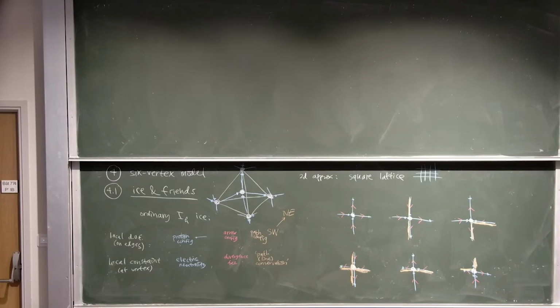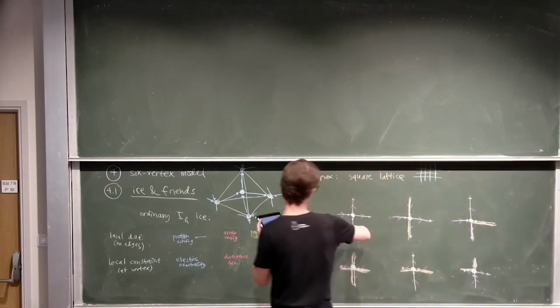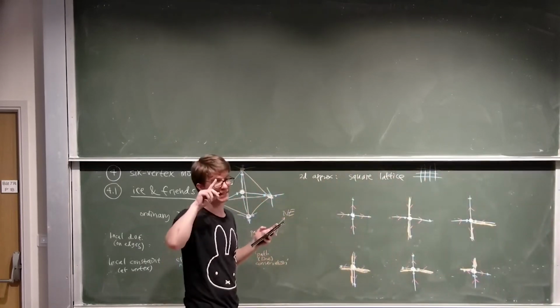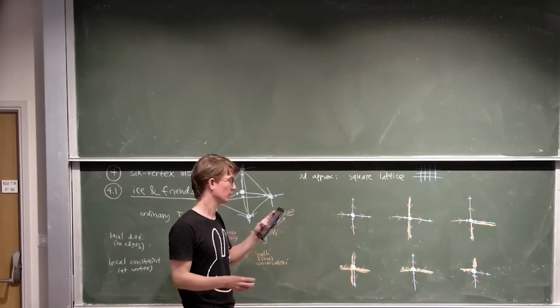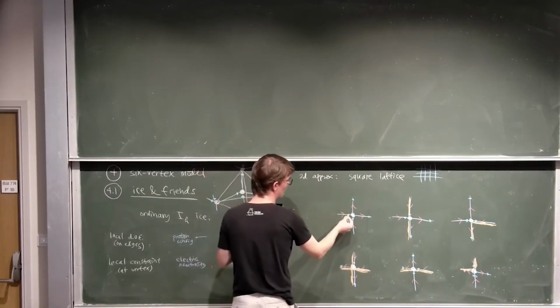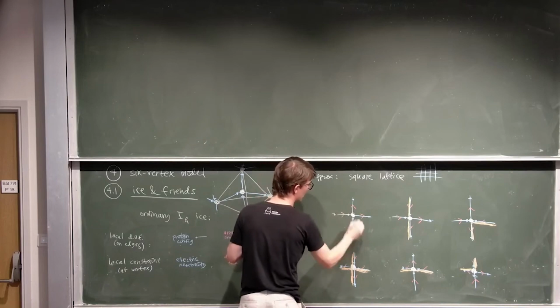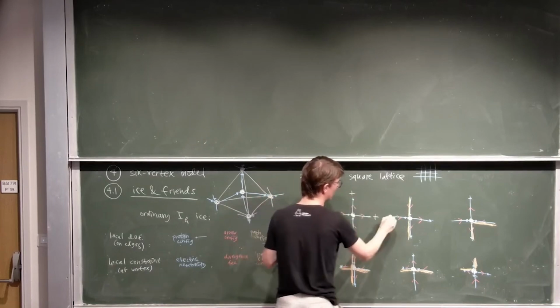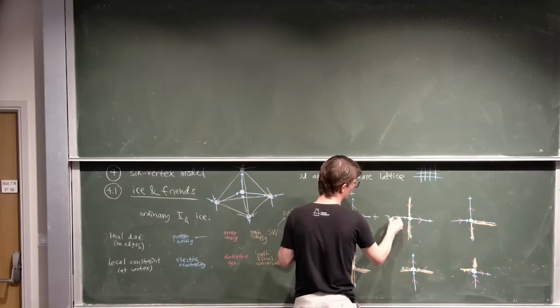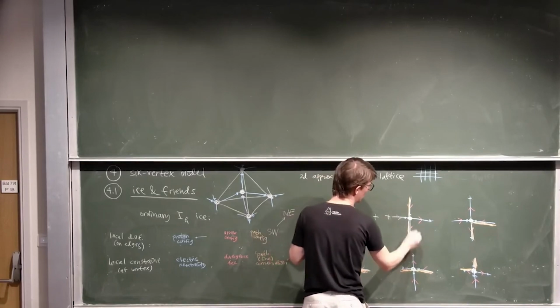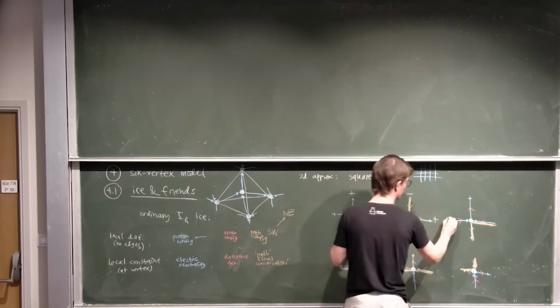So one more thing that will be useful for us is that, rather than these arrows, we can think of them as classical spins, and then we can denote them by pluses and minuses. So now I'll think of them on the edges, but I'll draw them on the left. Here I have pluses, and I'll draw pluses whenever there's an empty line, and minuses whenever there's a path on the line.